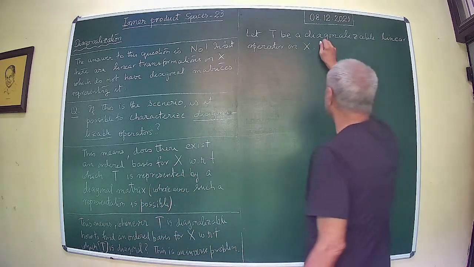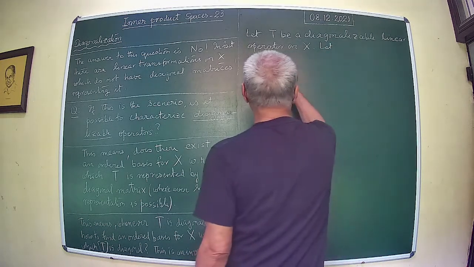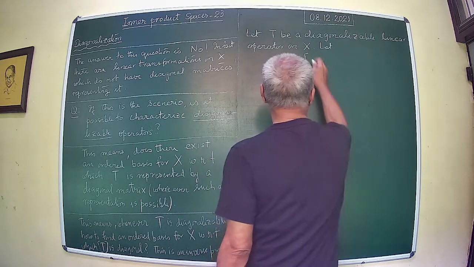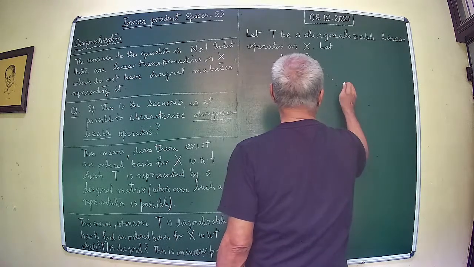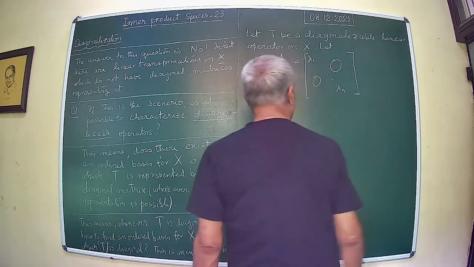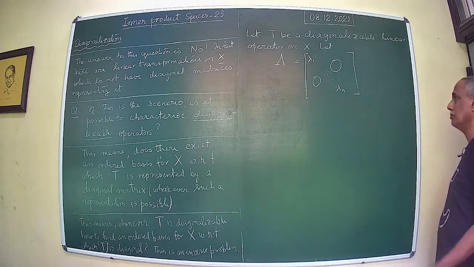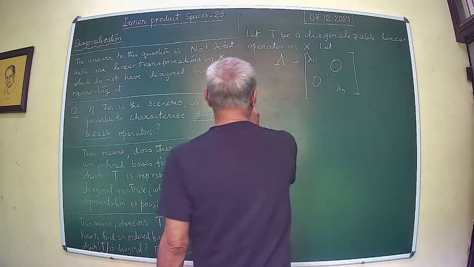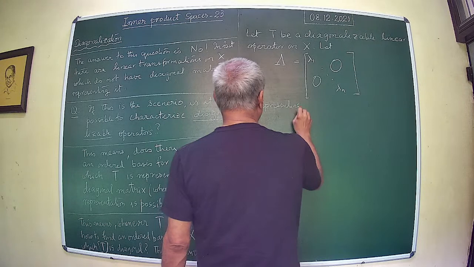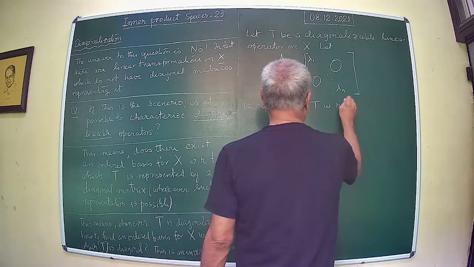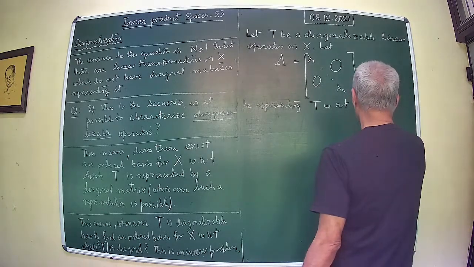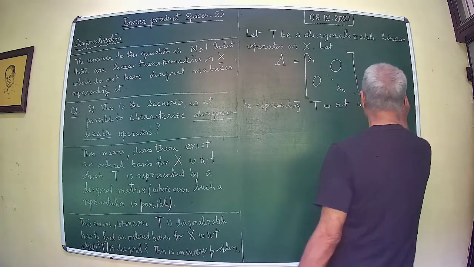So let lambda be the diagonal matrix, that is, along the diagonal lambda 1, lambda 2, etc., lambda n, elsewhere 0, with respect to a certain ordered basis.